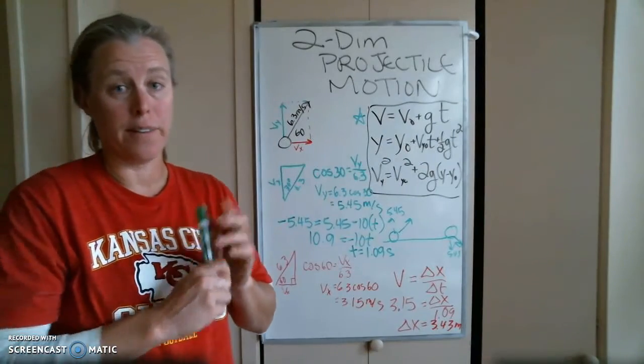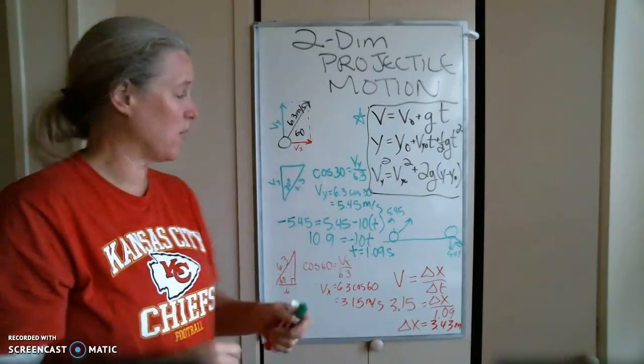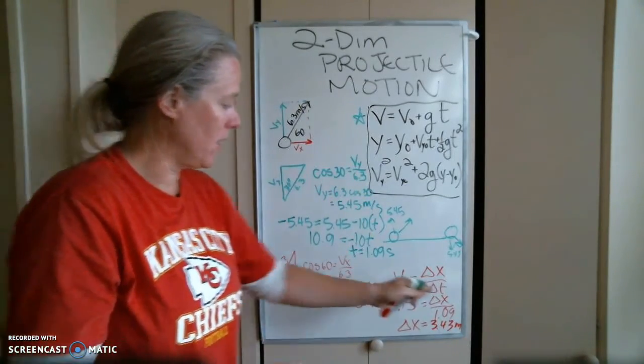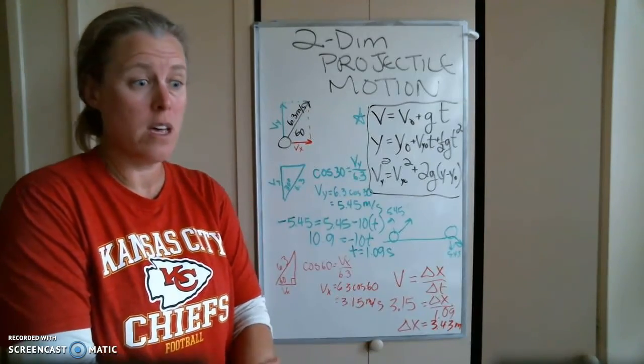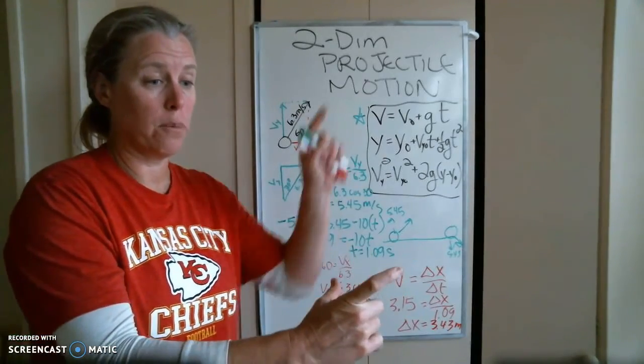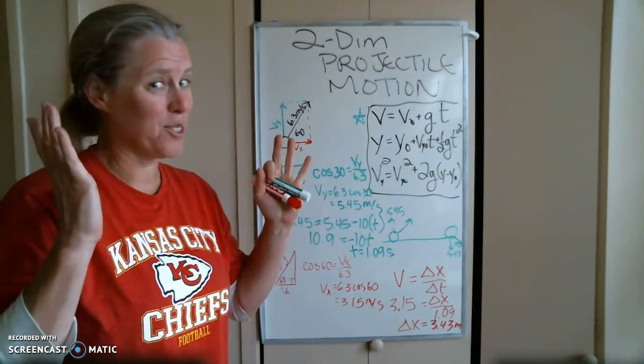Okay, so my final video is going to see, does it work? All right, so here are my calculations, and here is my final prediction of how far away my bucket needs to be for me to launch at 60 degrees. All right, we'll see what happens.